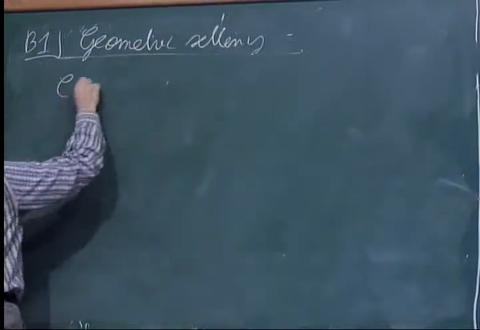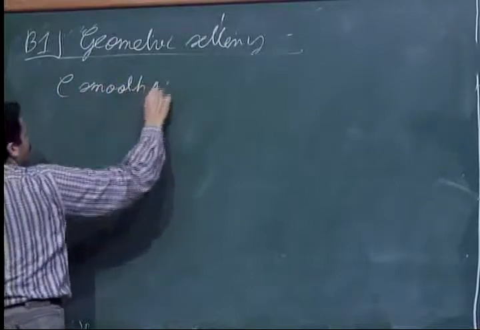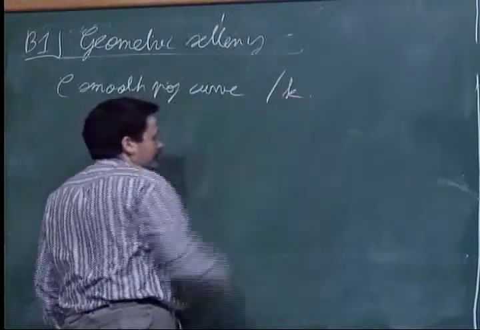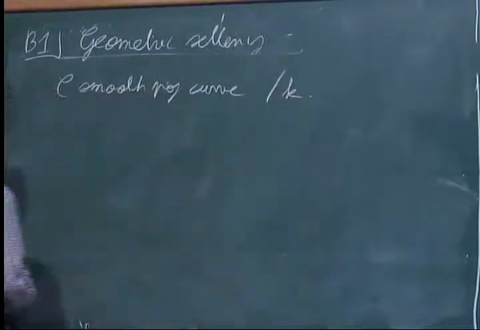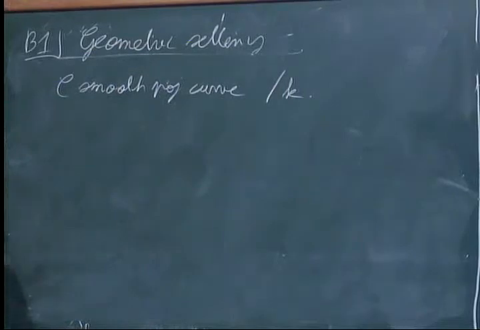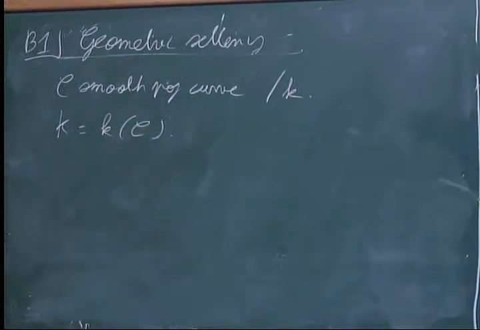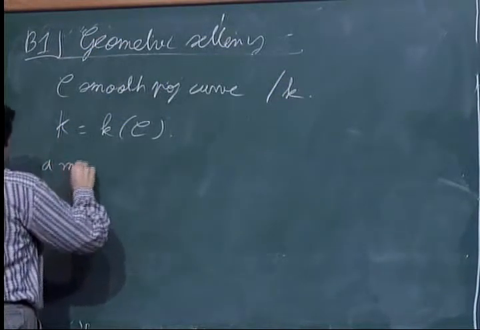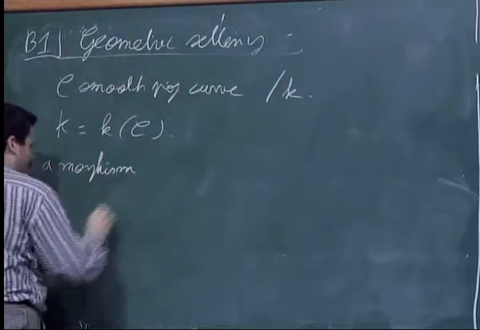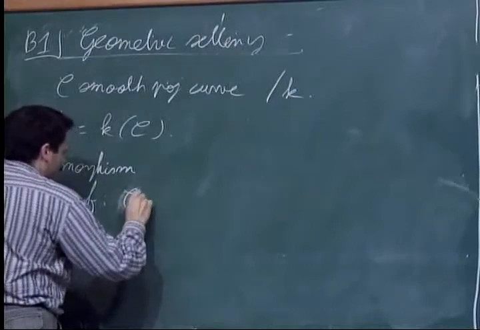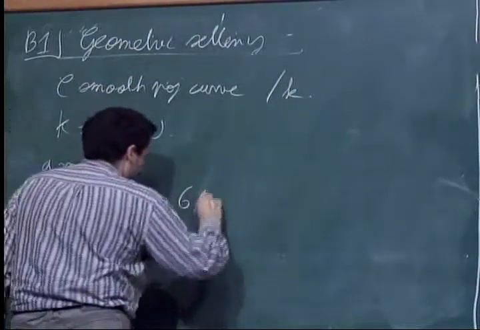Let C be a smooth projective curve over some field little k, and let capital K be K of C. Well, so now a morphism f going from the curve C to G over P.